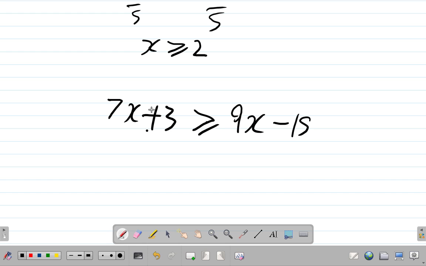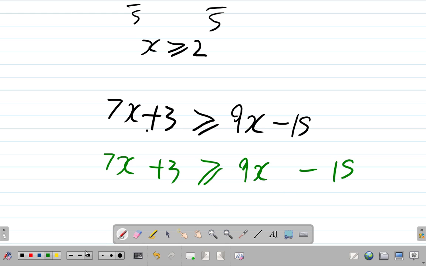Alright. You paused and you did that. Now, here, this is 7x plus 3 greater than or equal to 9x minus 15.